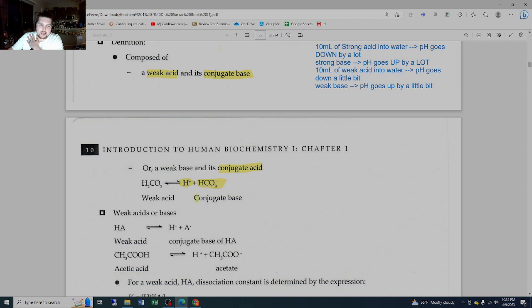Remember we talked about what a base can do? A base is going to accept hydrogen. So our conjugate base is formed from our weak acid, and if it needs to, in that situation it's going to be able to accept hydrogen.